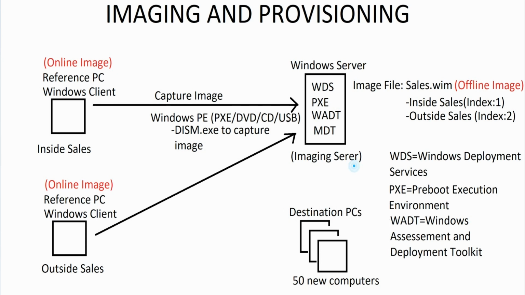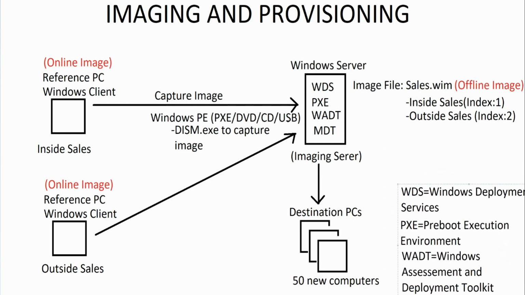Okay, so basically what I'm going to do is deploy the image. You're going to essentially deploy the image about the exact same way that you captured the image. Let me move these acronyms just a little bit out of the way here. All right. So you're going to use deploy image, but you're going to be using WinPE and DISM.